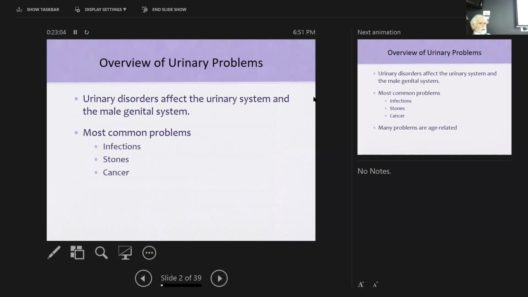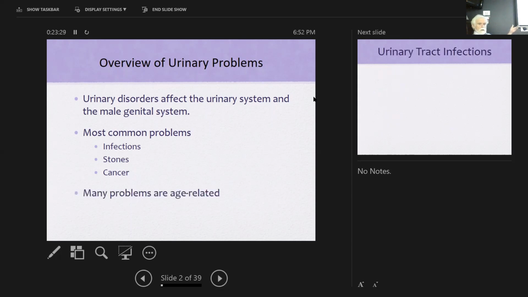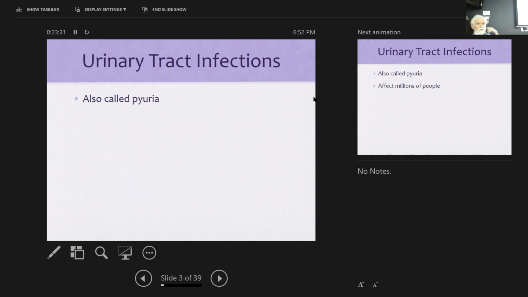Stones are basically rocks, conglomerated minerals that we carry and get generated under certain circumstances. Whenever you see the word lith, L-I-T-H, or the syllable lith in medical terminology, it's referring to a stone of some sort. And a lot of these problems are age-related.